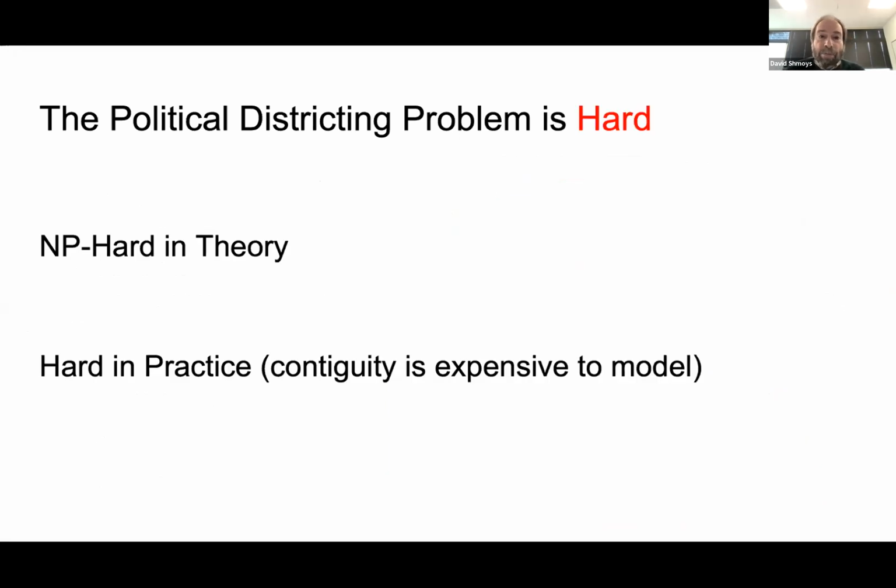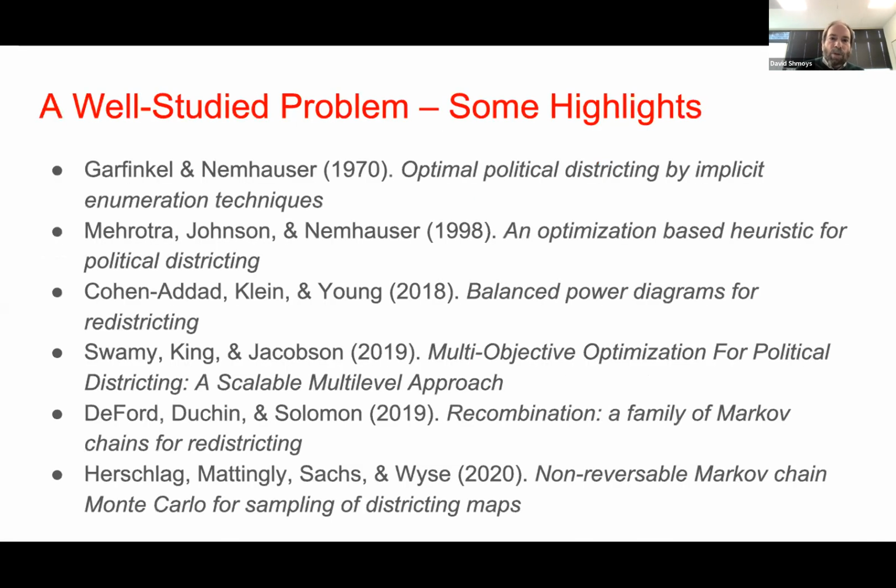As a computational problem, this problem is hard. It is, of course, NP hard in theory, but all NP hard problems may be theoretically equivalently hard, while that's really an asymptotic phenomenon. The question is, as we think about problems with the latent structure that we actually deal with and at the scale that we need to, political districting is hard in practice as well.